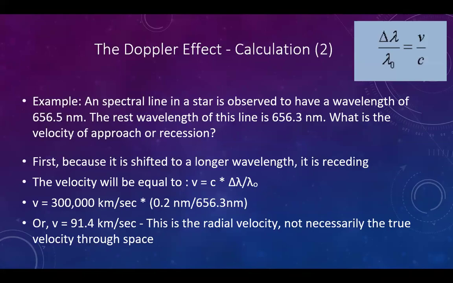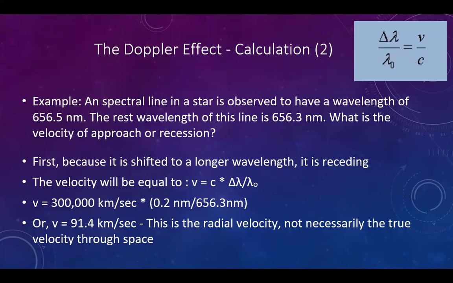So if you have a spectral line in a star observed to have a wavelength of 656.5 nanometers, and at rest this will be at 656.3 nanometers, what is the velocity of approach or recession? Well, it's shifted to a longer wavelength, so it's going away from us. The velocity will be equal to the speed of light times the change in wavelength over the initial wavelength.